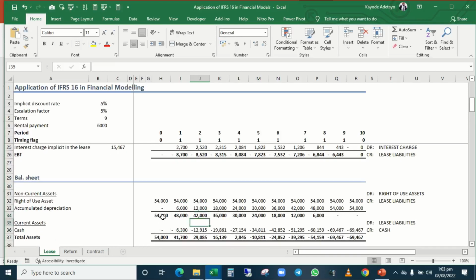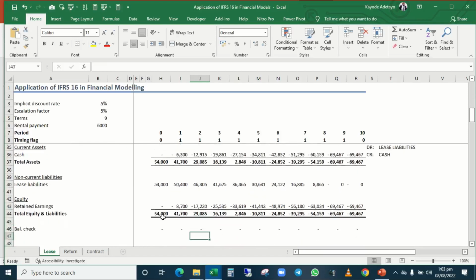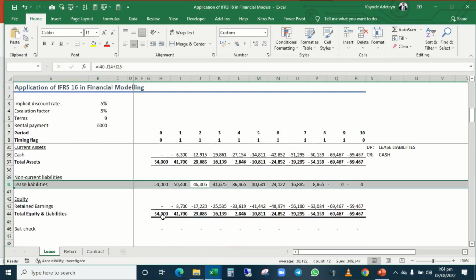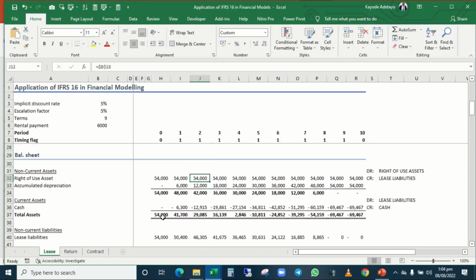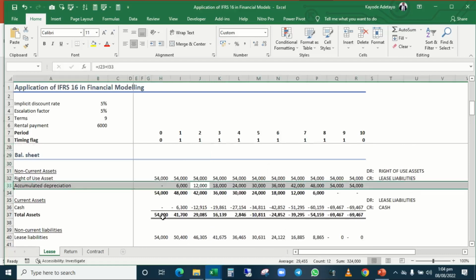Next year is 42, but here lease liability is 46. So this one is driven by payment made, while this one is driven by the depreciation that is charged based on the depreciation rate, or the useful life of the asset or the lease term.